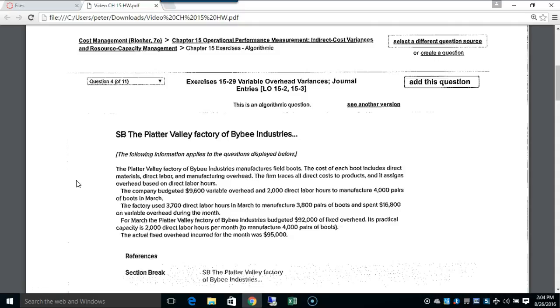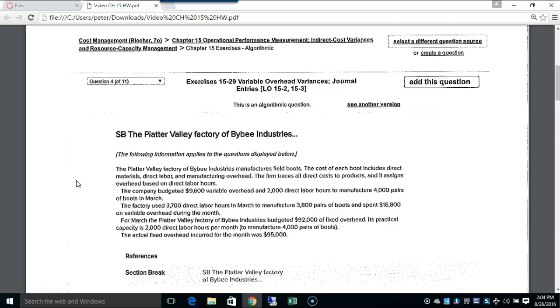The company budgeted $9,600 of variable overhead, 2,000 direct labor hours, and to manufacture 4,000 pairs of boots. The factory used 3,700 direct labor hours in March to manufacture 3,800 boots and spent $16,800 on variable overhead during the month.